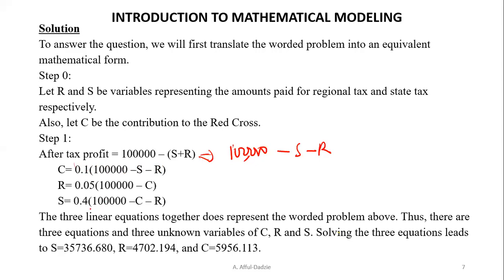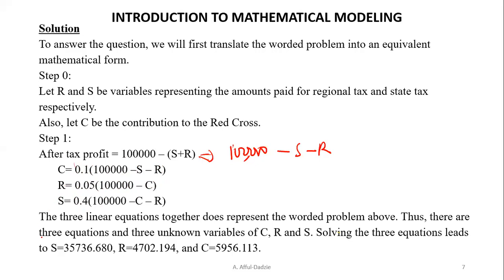Okay. And another one says that it's supposed to pay a 5% regional tax after it has made the contribution to the Red Cross Fund. So here, the 5% is 0.05 times the bracket 100,000 minus the Red Cross contribution.